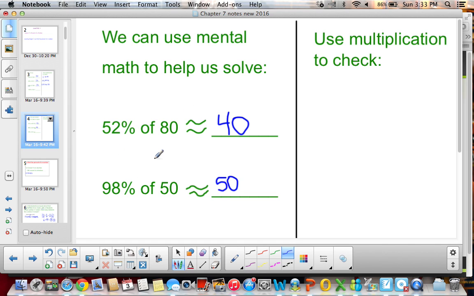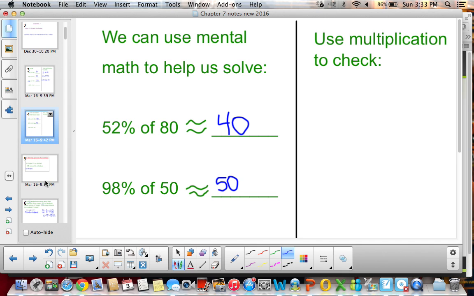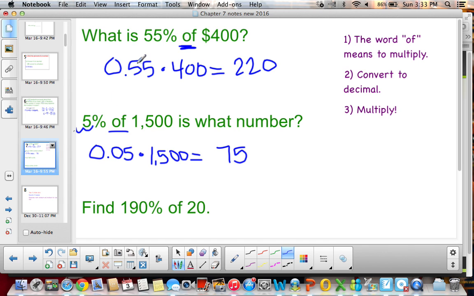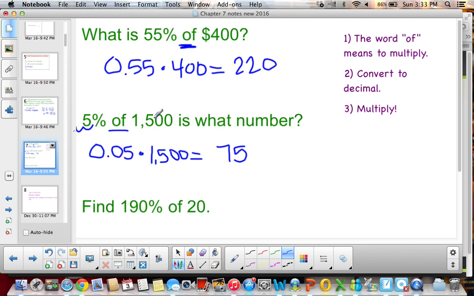So we have to be able to recognize about where our answer should be. 55% of 400 is close to 50%, and we know that 50% of 400 is 200, so it makes sense that 55% would be a little bit more than 200, which is 220. 5% is a really, really small percentage, so it makes sense that our number is going to be a lot smaller than the number that we're given.